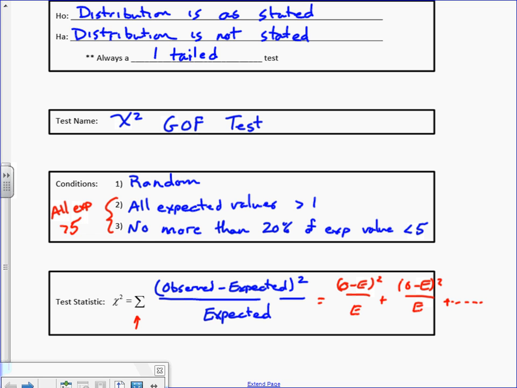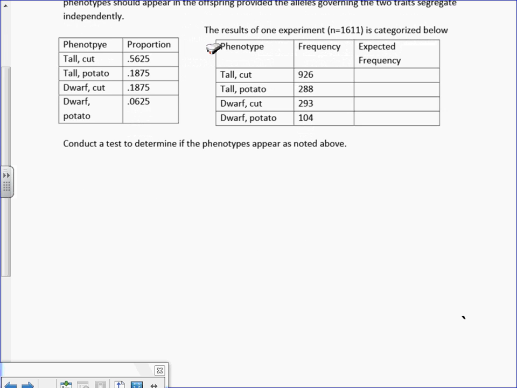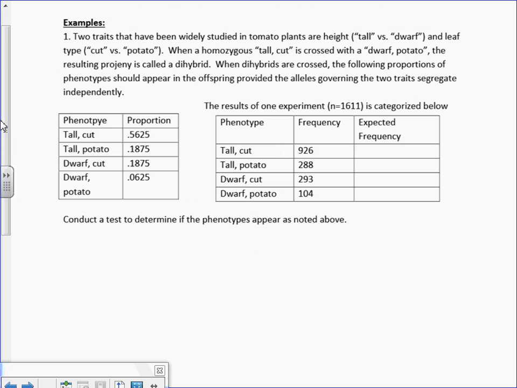The power behind a goodness of fit test is that it allows us to compare more than 2 distributions all at once. So, quick example: 2 traits have been widely studied in tomato plants, and leaf type. As people are doing these different crossbreedings of tomato plants, they end up typically with this distribution.